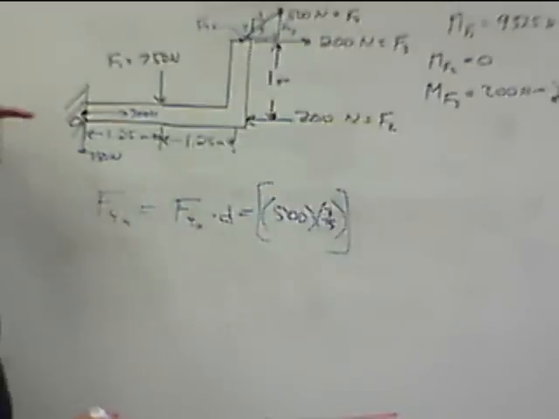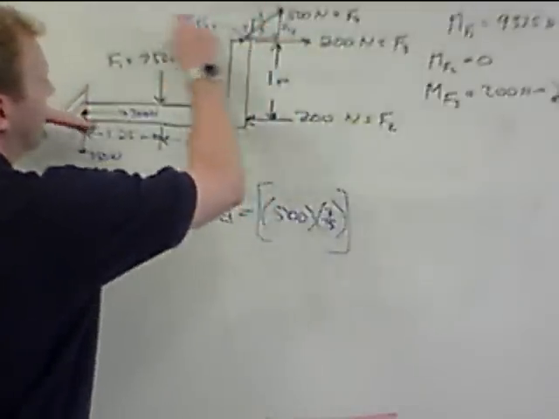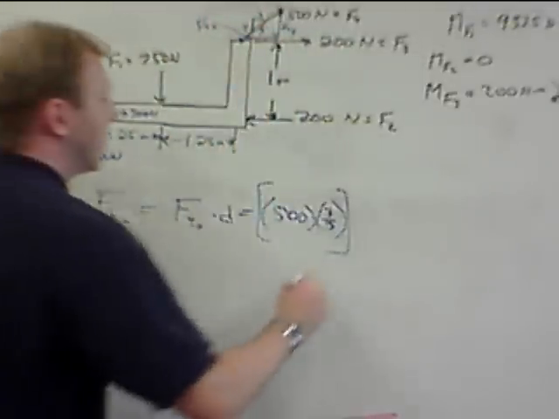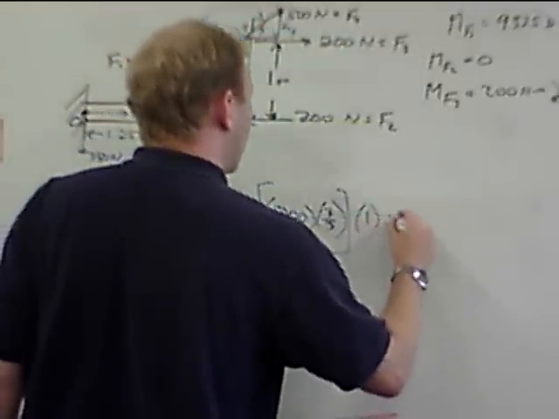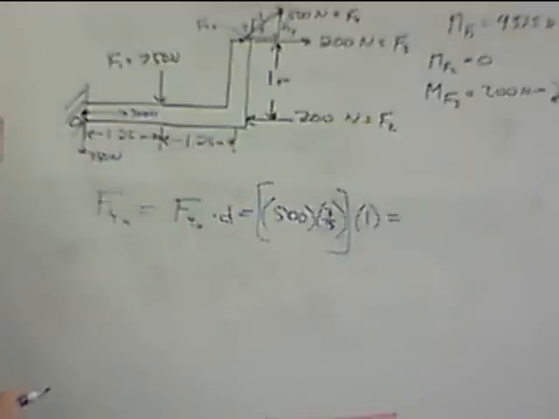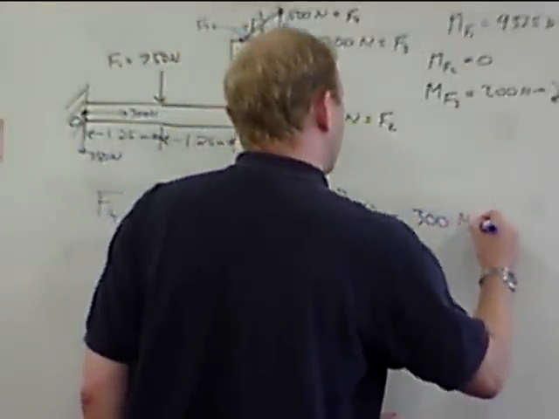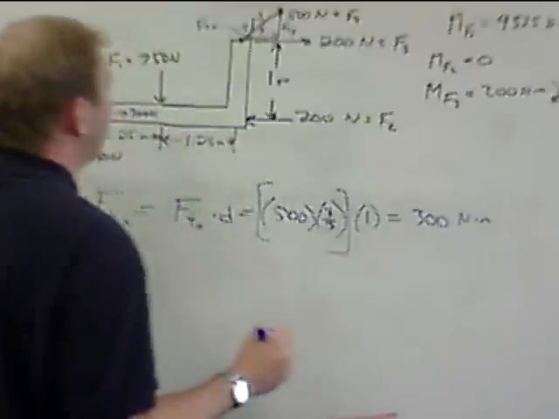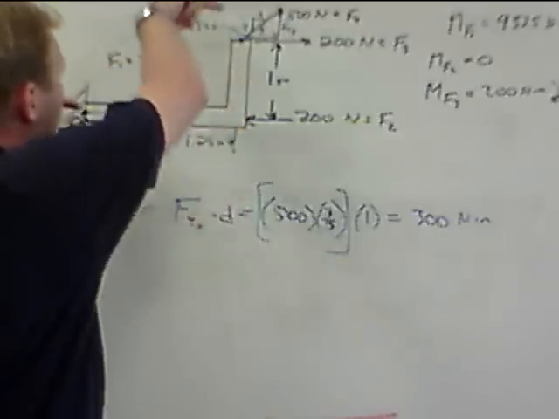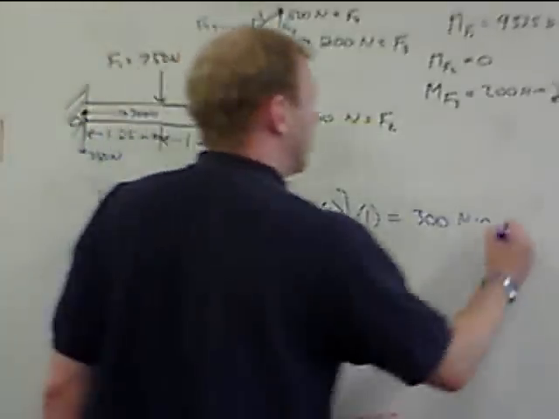The moment arm here is going to be here to here. Again, this is a horizontal force, so we're looking at the vertical distance, 1 meter. So 500 times 3/5 times 1 is 300 Newton meters. And this one is also trying to twist it clockwise.